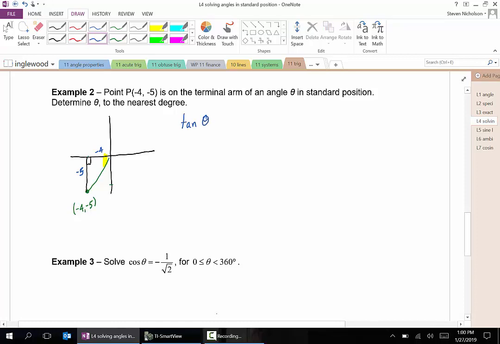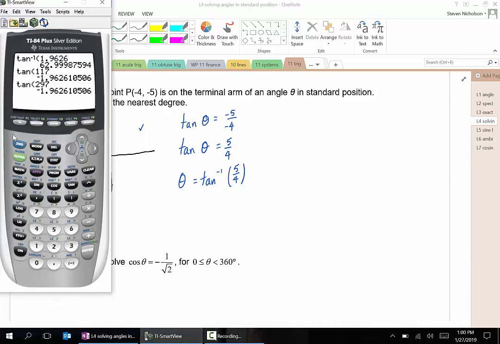So the tangent of our angle is equal to -5 over -4, or the tangent of this angle is equal to 5 over 4. Our calculator doesn't care. And in order to find the angle, we're going to press the inverse trig button with our ratio. And remember what this is going to do. It's going to spit out this value up here.